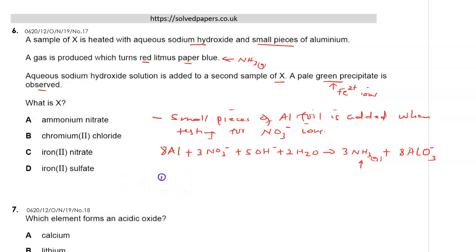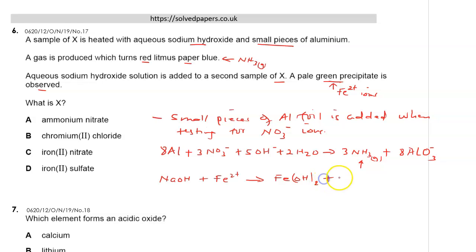The next step is when sodium hydroxide reacts with iron(II) ions, what you get is a hydroxide of iron, which is insoluble. We only have three soluble hydroxides of metals: sodium, lithium, and potassium. The rest are insoluble. Ammonium hydroxide is also soluble, but that is not a metal hydroxide.